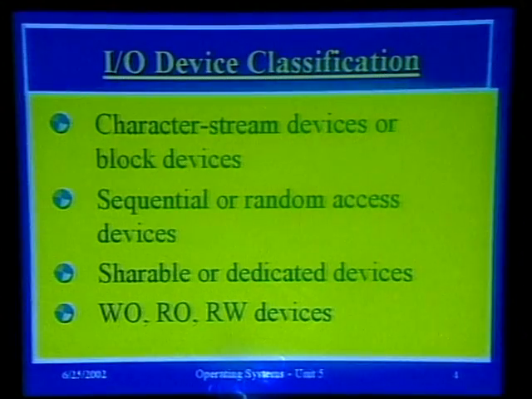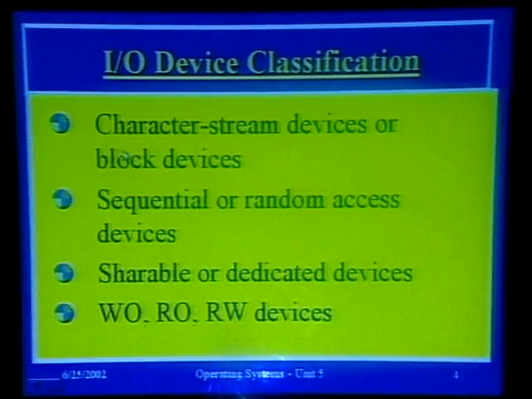Dear students, there are a number of ways the I/O devices are classified, but primarily the classification stands as block devices and character devices. Now let's look briefly at what the classifications are.